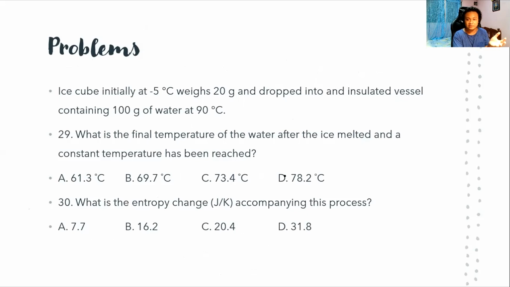So we have an ice cube initially at negative 5 degrees Celsius and weighs 20 grams and dropped into an insulated vessel containing 100 grams of water at 90 degrees Celsius. So we are asked what is the final temperature of the water after the ice melted and the constant temperature has been reached. So next is the entropy change of the accompanying process.